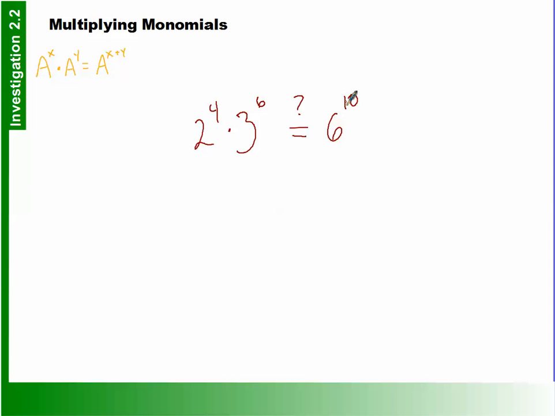I want you to actually do 2 to the 4th, then multiply it times 3 to the 6th. All right, so 2 to the 4th times 3 to the 6th, what is the answer, Harper? 11,664. What is 6 to the 10th, Kira? 60,466,176. That's what I got.